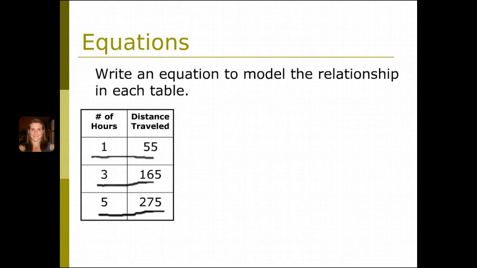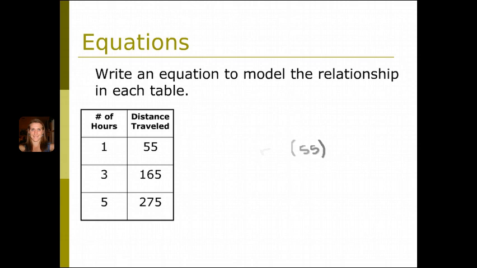So how do I get from 1 to 55? Well, I can either add 54 to 1, or I can multiply by 55. Well, if I say 3 plus 54, it's not going to equal 165.